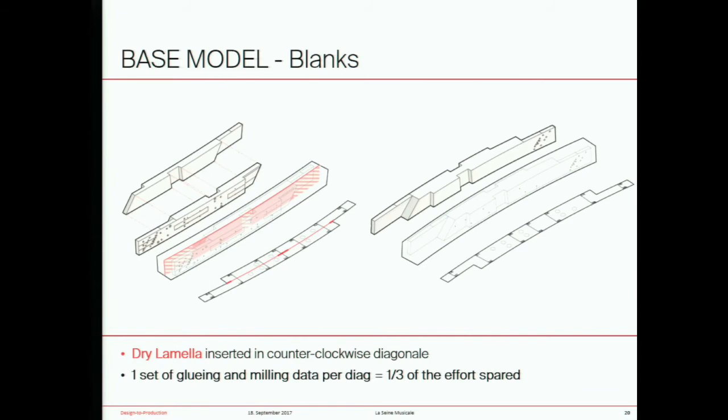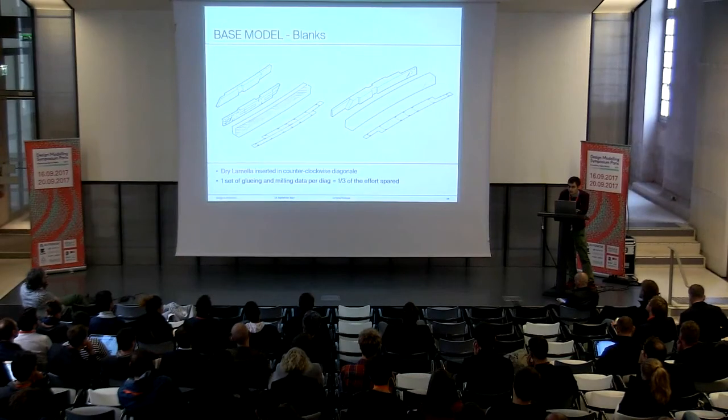Another trick for the blanks concerns the diagonals. To assemble the crosses in cross shapes, the diagonal connection is designed as a lap joint, which means that one of the diagonals has to be split in two parts to be assembled around the other one. So to do so, we insert a dry lamella in the middle of the counterclockwise diagonal. And on this dry lamella, the glue is only applied at 3 specific spots, which are both ends and the central lap joint.